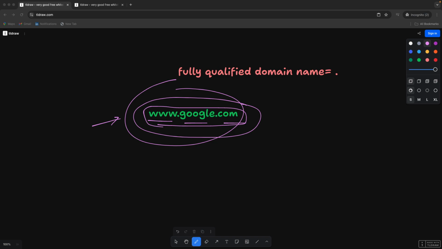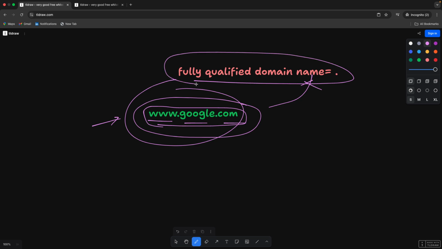The system will basically append the remaining part. Ideally you would need to convert this to a fully qualified domain name, but there are certain other mechanisms which are going to do that distribution.